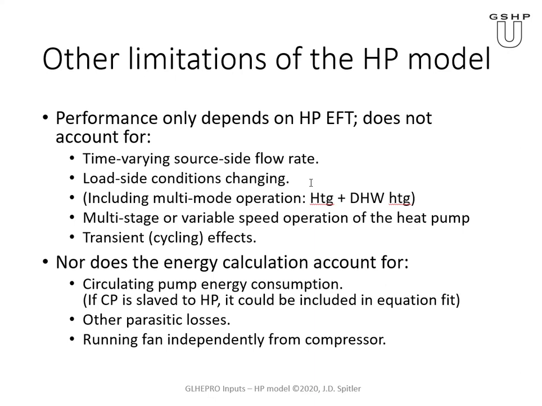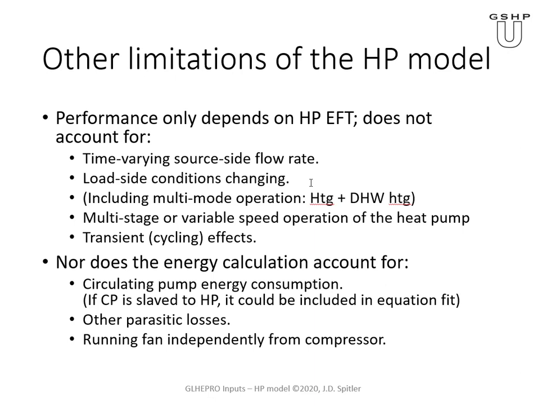Say you have a building with a night and weekend setback, and you're only controlling it to 60 Fahrenheit. But when people are there, you're controlling to 72 for heating purposes. Well, that's really two different sets of load side conditions. Your entering air temperature to the heat pump will change. You don't really have a good way of accounting for that. You're going to have to make some kind of estimate in order to do that.